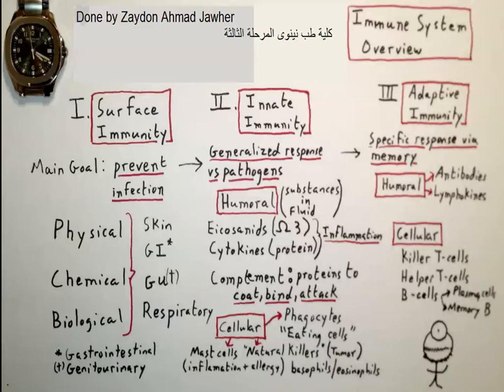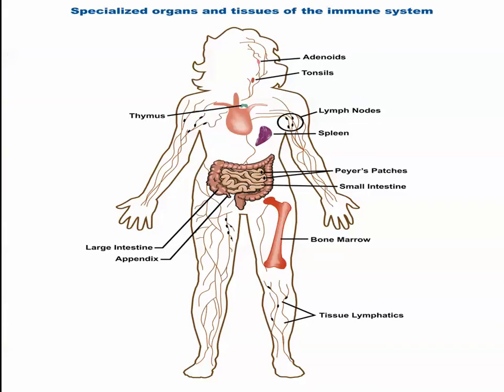Now we have another special subject: the origin of the immune cells. There are many origins actually. We have two types of cells of the immune system: the myeloid cells and the lymphoid cells. The myeloid cells include neutrophils, basophils, eosinophils, macrophages, and dendritic cells.